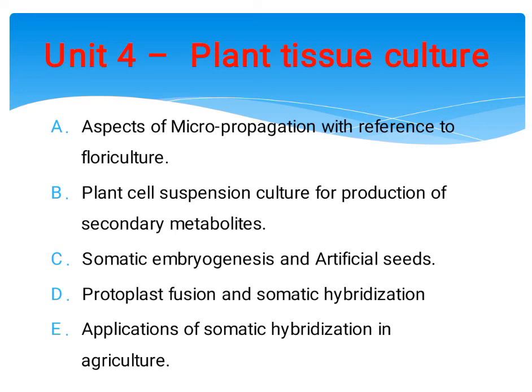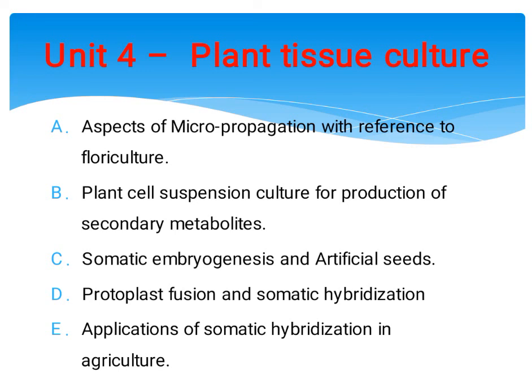Somatic embryogenesis and artificial seeds. Protoplast fusion and somatic hybridization. Applications of somatic hybridization in agriculture. So this is an exclusive unit with respect to modern techniques in plant research known as plant tissue culture.